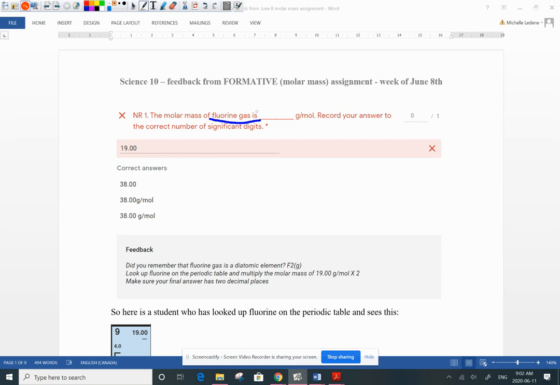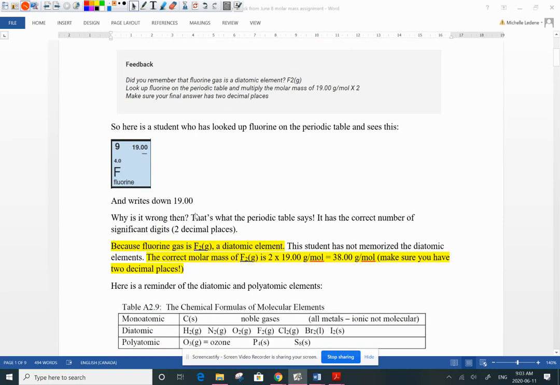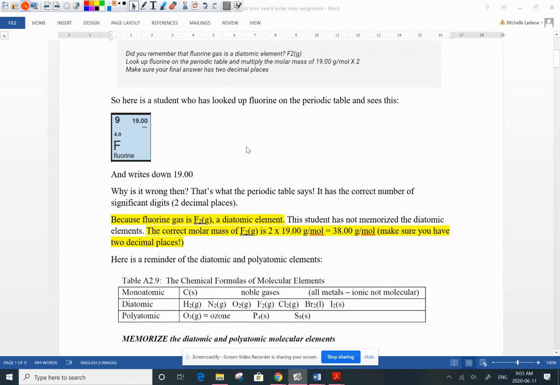I'm betting they wrote down 19. They looked on the periodic table and saw 19.00, and they did a great job. They got the correct number of sig digs, and so they're probably wondering, why isn't my answer correct? Why does Mrs. Ledeen have 38.00?